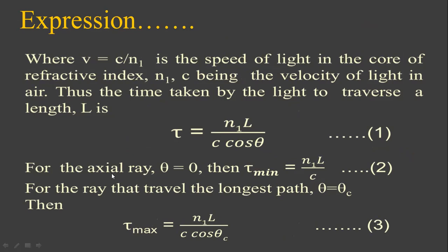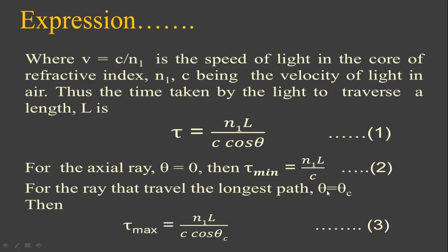For the axial rays, that means the rays which are moving along the axis of the fiber. For the rays that travel the longest path, that means the paraxial rays, or the rays which are moving near the cladding, they take more time as compared to the rays which are moving along the axis of the cable.